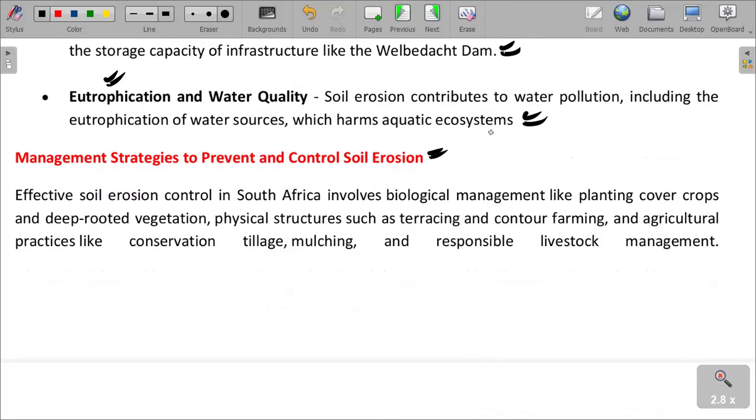Management strategies to prevent and control soil erosion. So effective soil erosion control in South Africa involves biological management practices such as planting cover crops and deep-rooted vegetation. We are talking about biological, the use of vegetation to combat soil erosion.